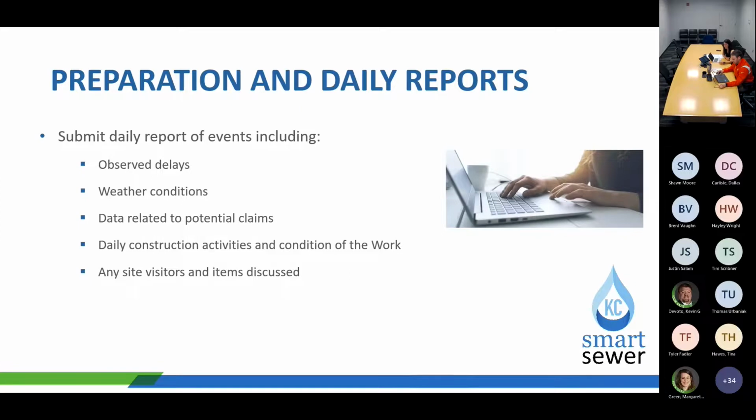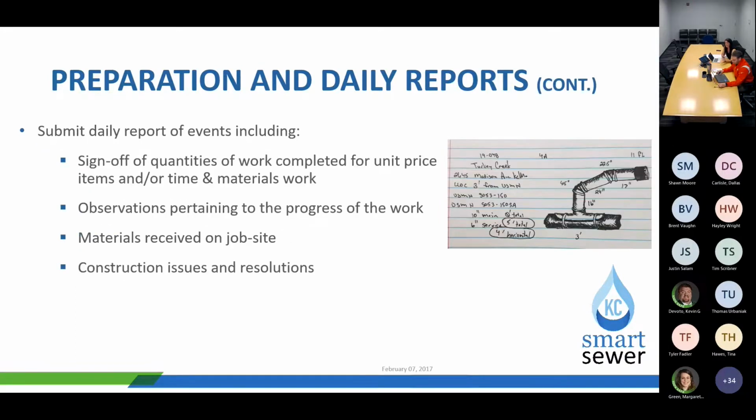So crew number 1 was laying sanitary line at this station. Crew number 2 was laying water line at this station on this sheet. And same with crew number 3. Get that type of detail on the report, and then follow up with photos, making sure those photos are captured at the same time as the daily reports.